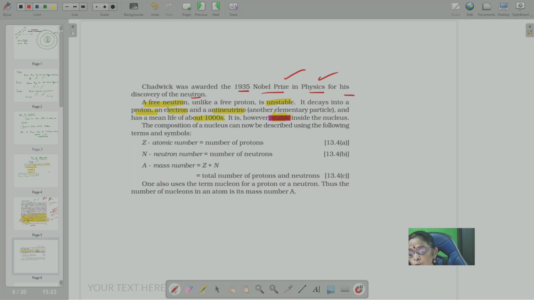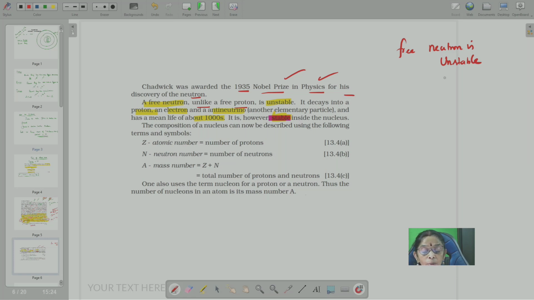A free neutron, unlike a free proton, is unstable. So you can say as long as it is inside the nucleus, it may be stable. But if it is freely available, one solo neutron is always unstable. Free neutron is unstable.